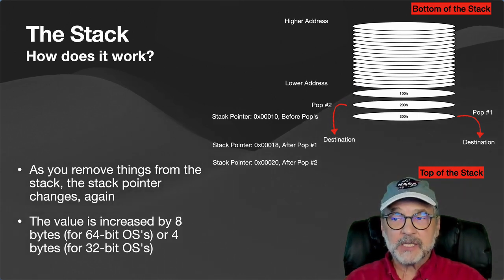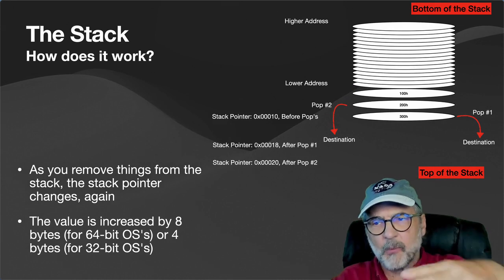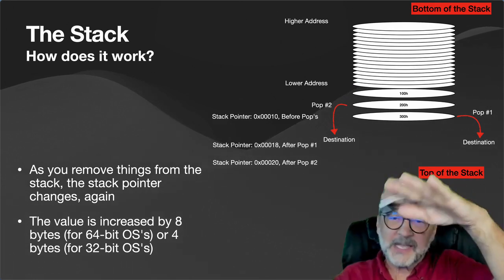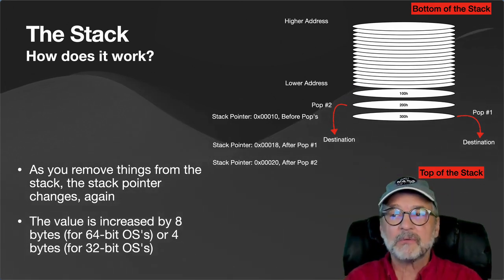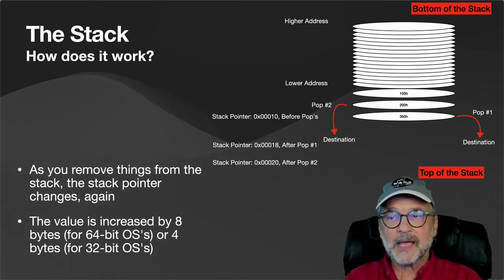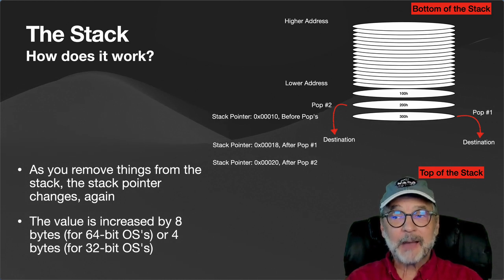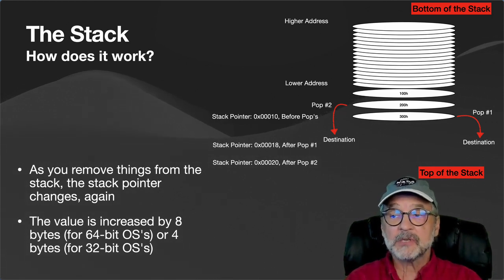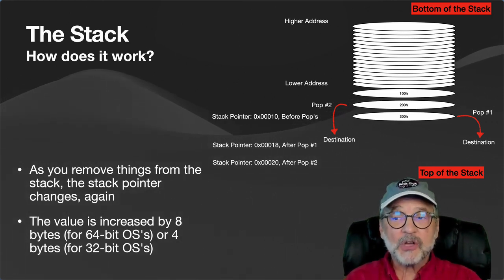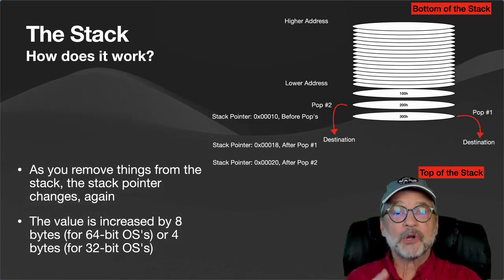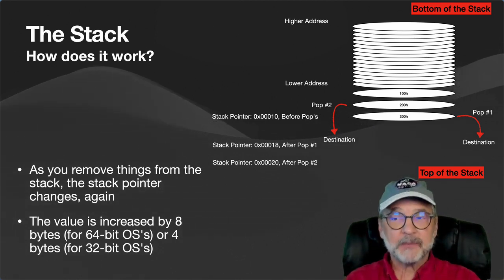So at the beginning of this, we have the top of the stack, or I should say the bottom of the stack is up on top of the screen. We have the top of the stack down below. The top of the stack is now 300H because the stack pointer is pointing to 300H. So when we pop 300H off, the stack pointer goes up in value by 8. So now it becomes 18.